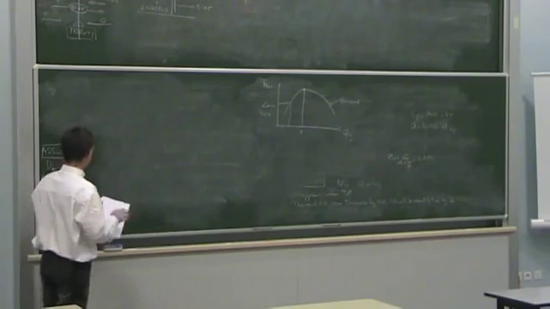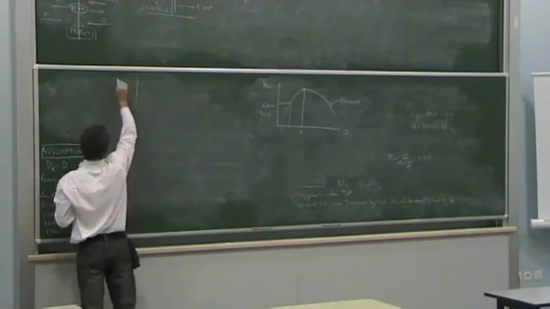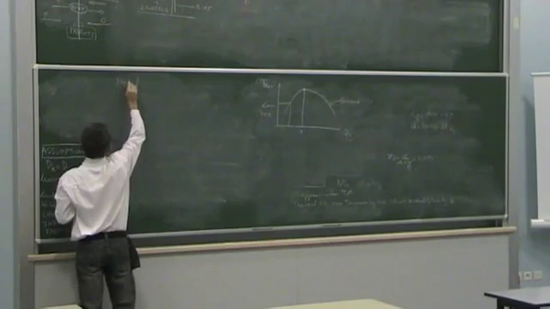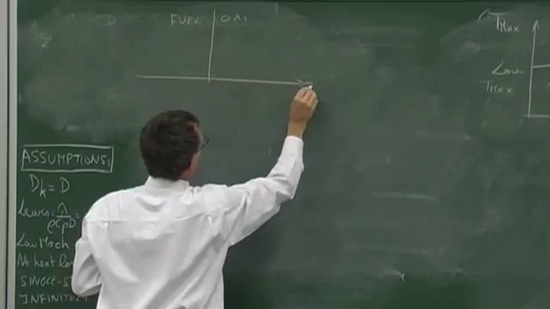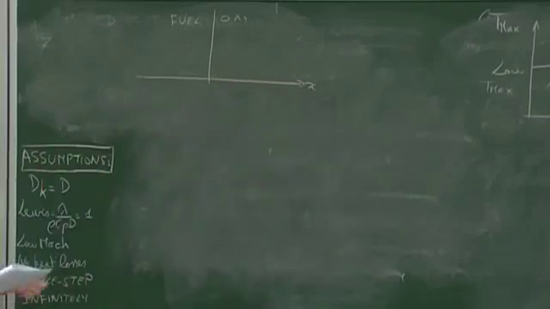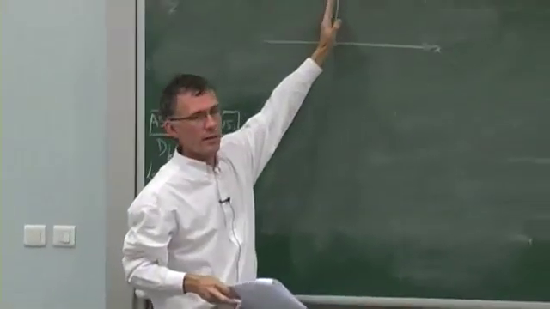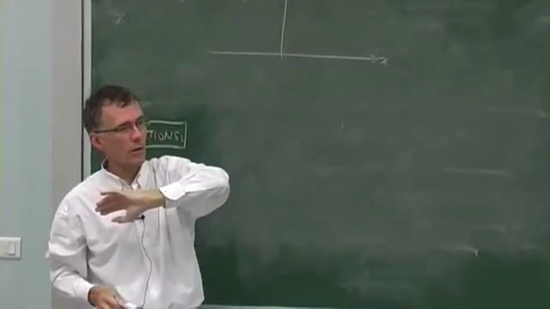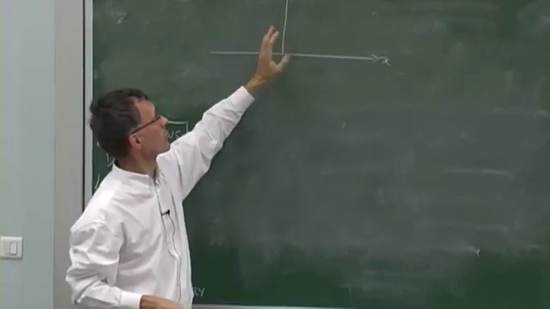We would have fuel here, an oxidizer here. This would be the space. And at t equals 0, just at the beginning, I assume I have a wall here, and suddenly I take the wall off, and these two things start burning. That means I need to ignite them too, okay?